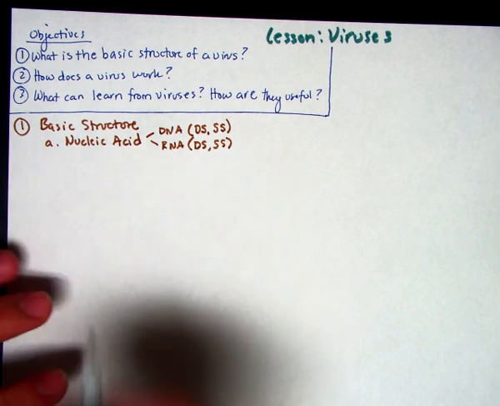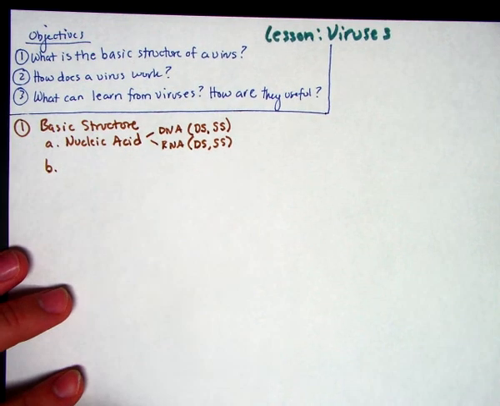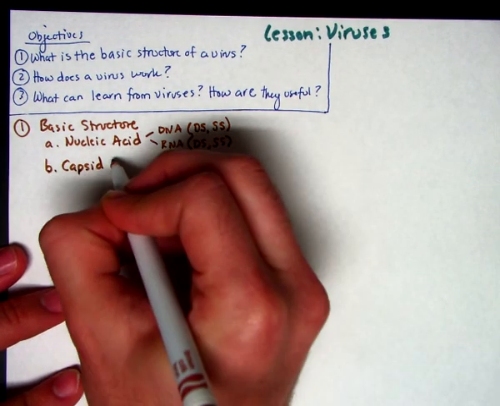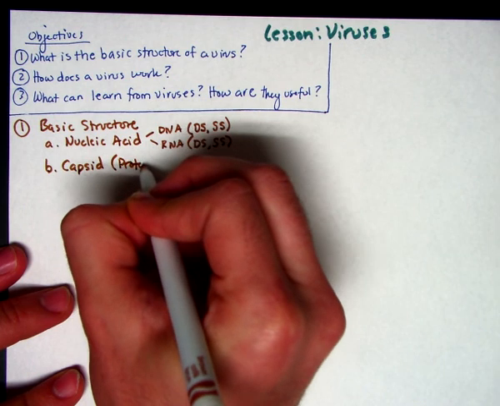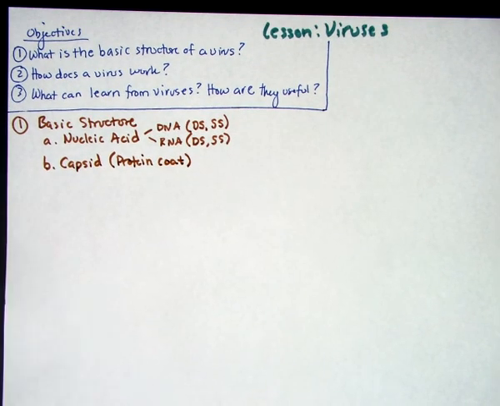Okay. The second thing that every virus has is something called a capsid. And this is a protein coat that typically goes around the nucleic acid.